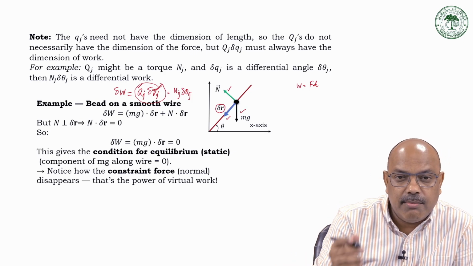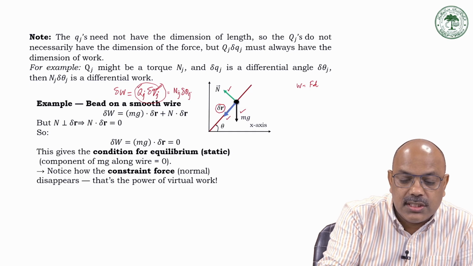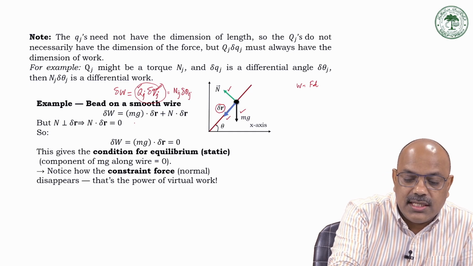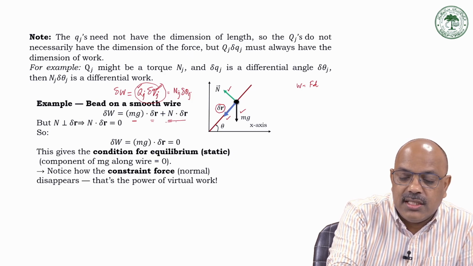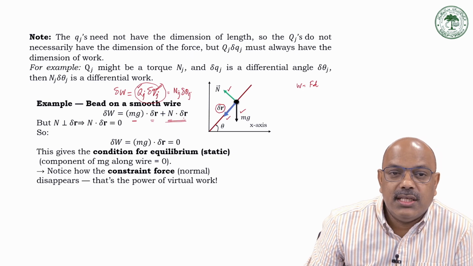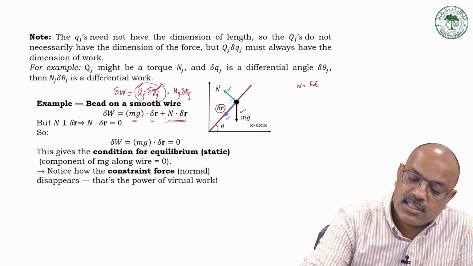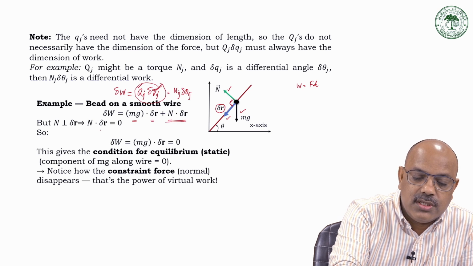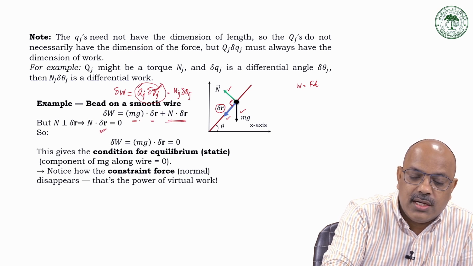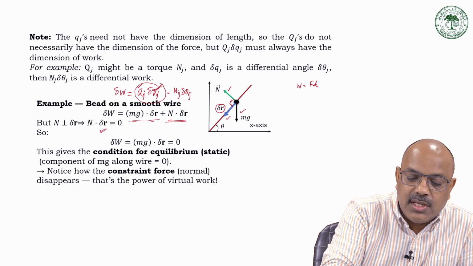If I apply virtual work, the force mg dot delta r is one work done, and the work done by the normal force is N dot delta r. But because N is perpendicular to delta r, this is going to be zero. So the remaining part is delta W equals mg delta r.